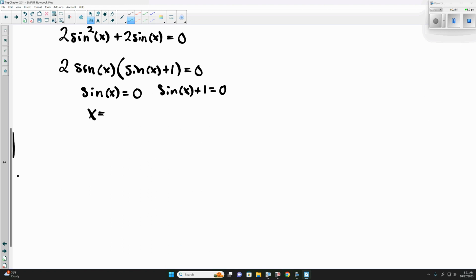Now sine of x equals 0 at 2 points. One of them is incidentally at 0, degrees or radians, really, that's going to be the same value, and the other is pi. The other one we do need to solve.